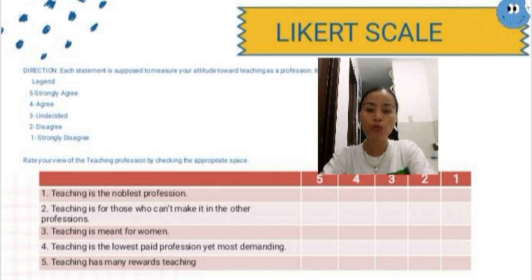So it's up to the student or to the teacher how to rate, because this Likert scale is sometimes used in assessing a teacher. So this is how a Likert scale looks like. You just check the items and decide what you rate, whether 5, 4, 3, 2 or 1.